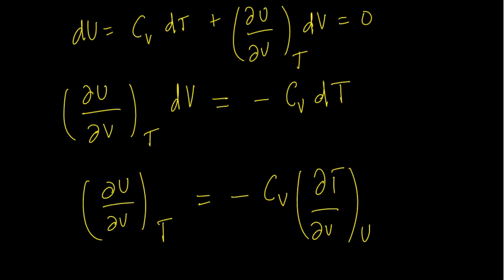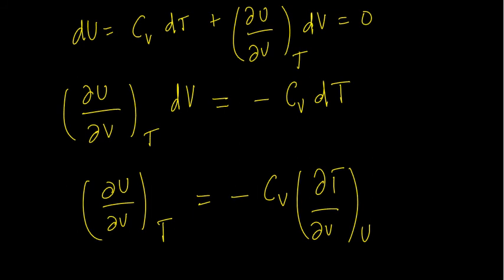We can start with small gas balloons over there, change a very small volume, keep on increasing it, and see if there is any change in temperature. Of course, for an ideal gas, you don't expect it. The interactions are not there, so this should be 0. So delta T by delta V should also be 0, right?